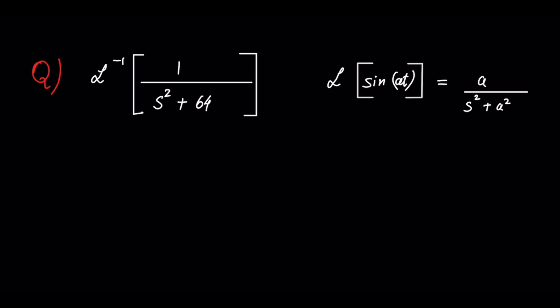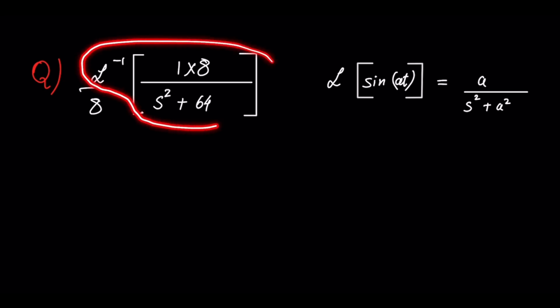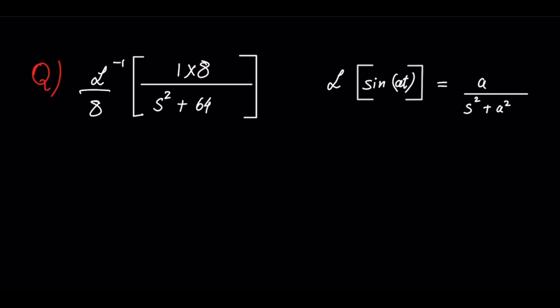Now this matches our exact form of sine at. And we will be taking this part over here, making it sine 8t. So our final answer is going to be this.